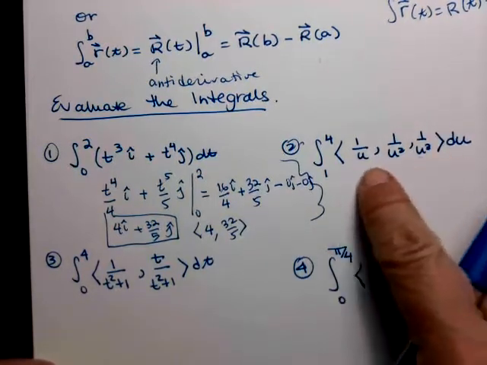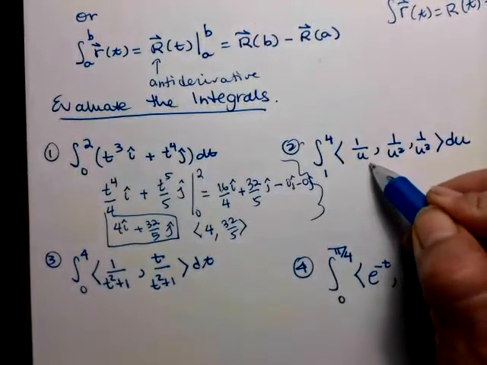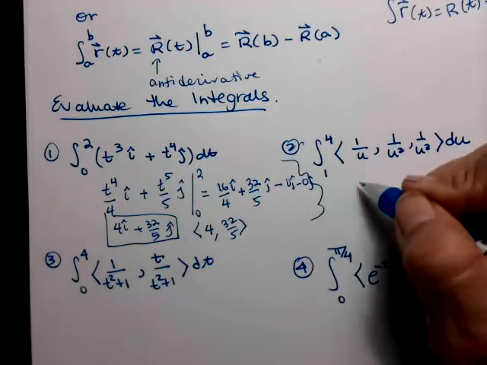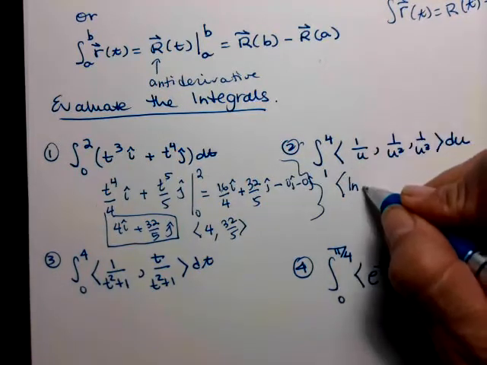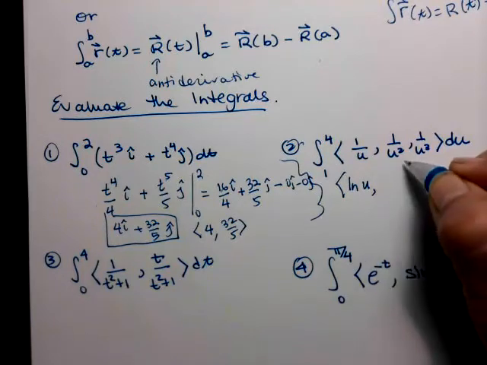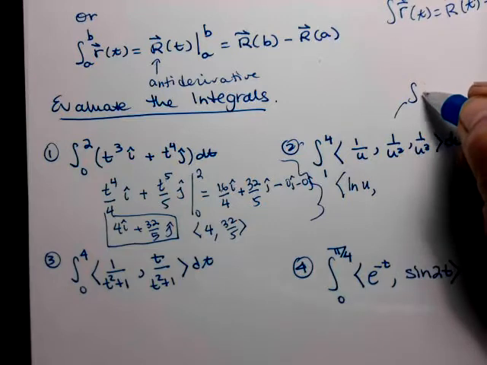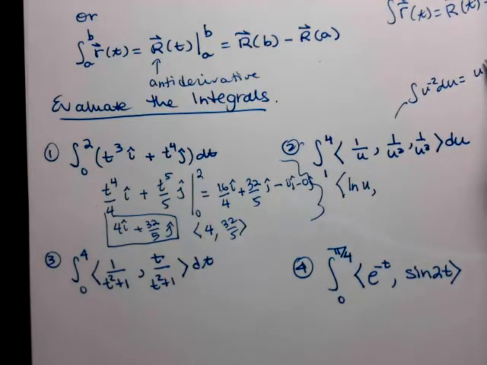Okay, let's do our next one here. So notice this one, I'm using my angle brackets. So if I integrate 1 over u, I'm going to get the natural log of u. So this next one, we can think of that as integrating u to the negative 2 du. So that's going to be add 1, u to the negative 1 divided by the new exponent.